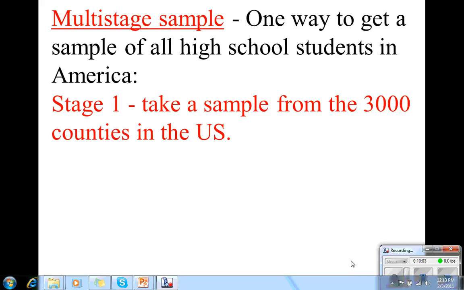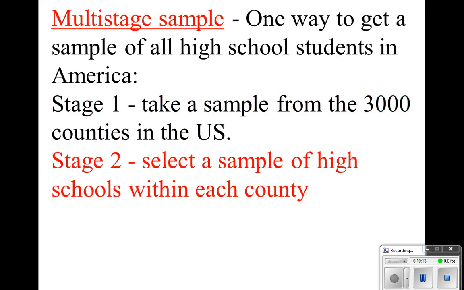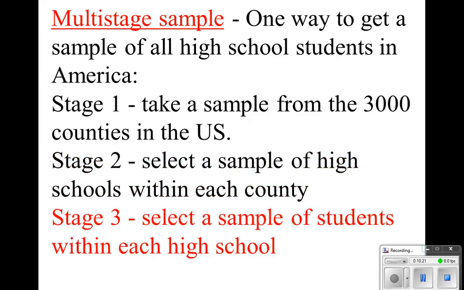Multi-stage sampling is one way to get a sample of all high school students in America. The first stage would be to take a sample from the 3,000 counties in the United States. Then stage 2, select a sample of high schools within each county. Stage 3, select a sample of students within each high school.